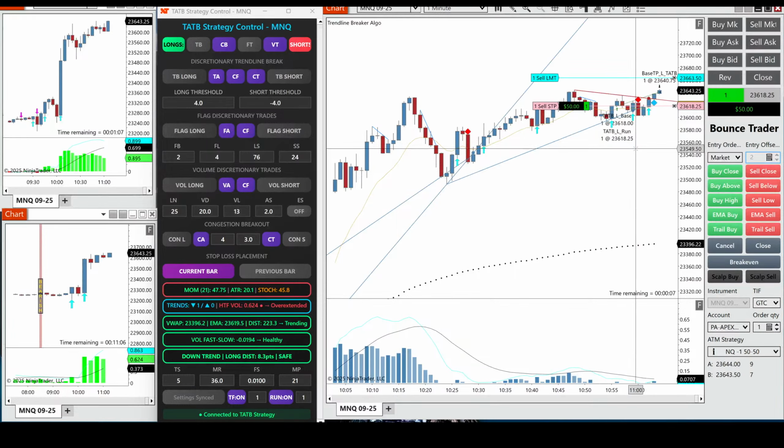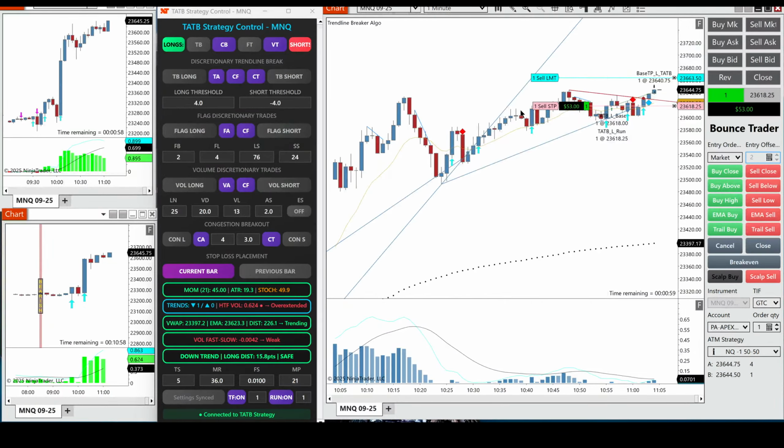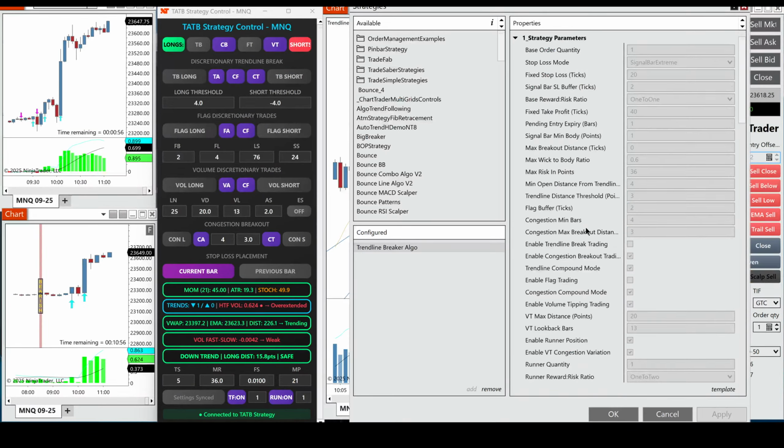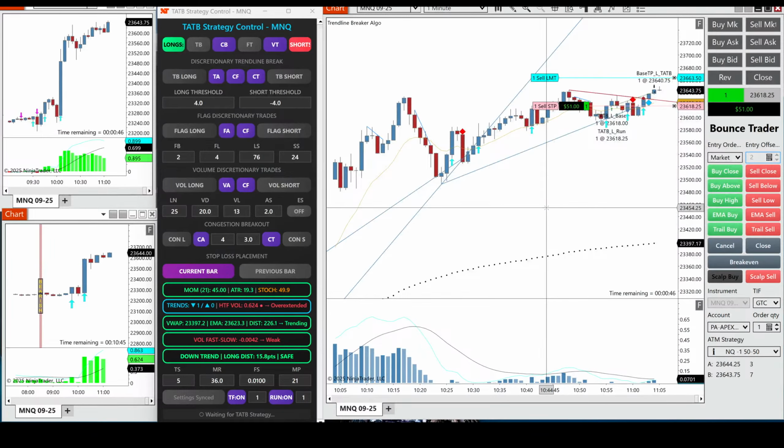Technically, it should trail on pivot low. Let me just double check the trail is selected. So we have a runner 122, trail runner enabled, and everything is good.